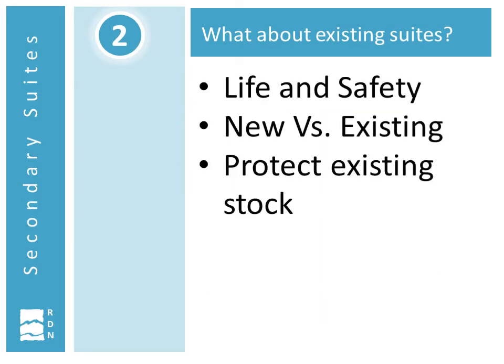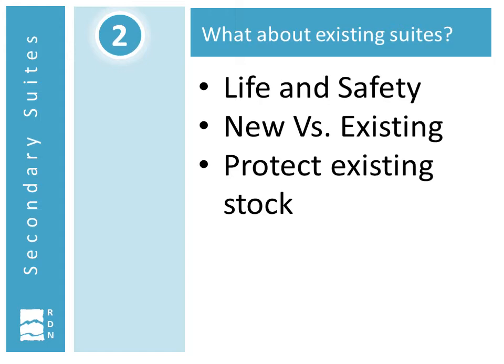Existing secondary suites pose some unique challenges. When dealing with existing suites, most local governments focus on basic life and safety requirements. There is a distinction made between new construction and existing secondary suites.